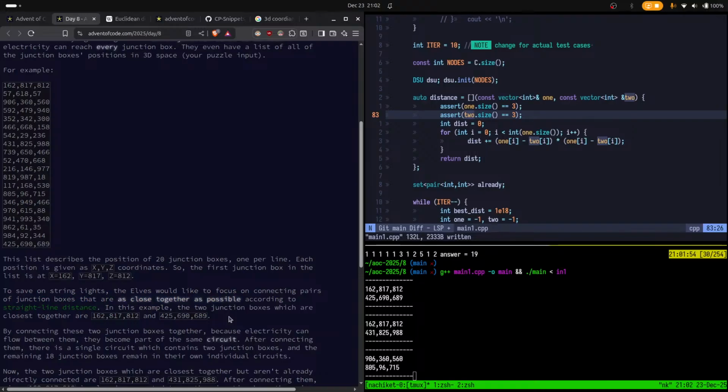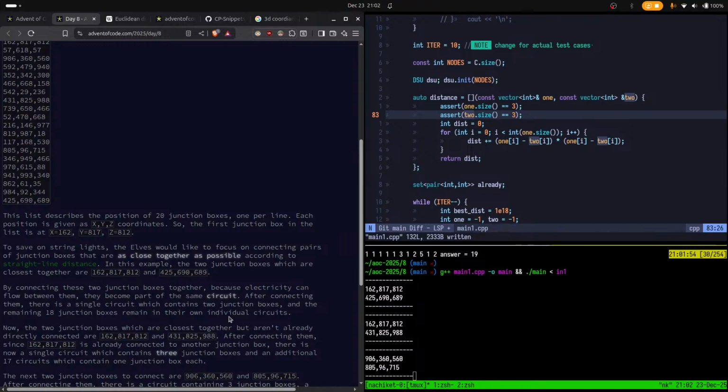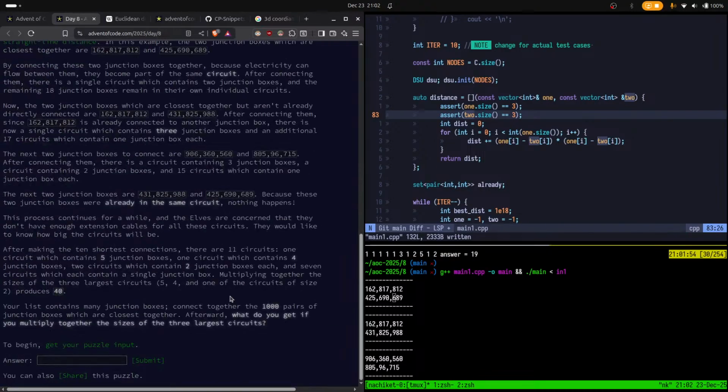Right, some other particular coordinates are the same as the ones that are selected initially. Correct.